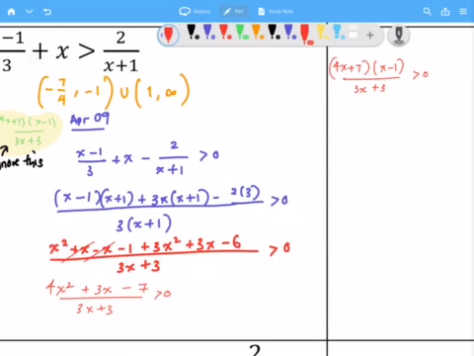Now we can list down all the critical values.